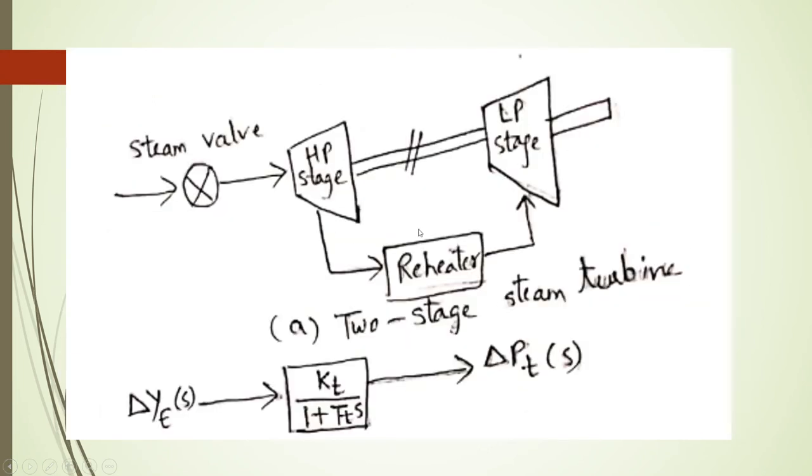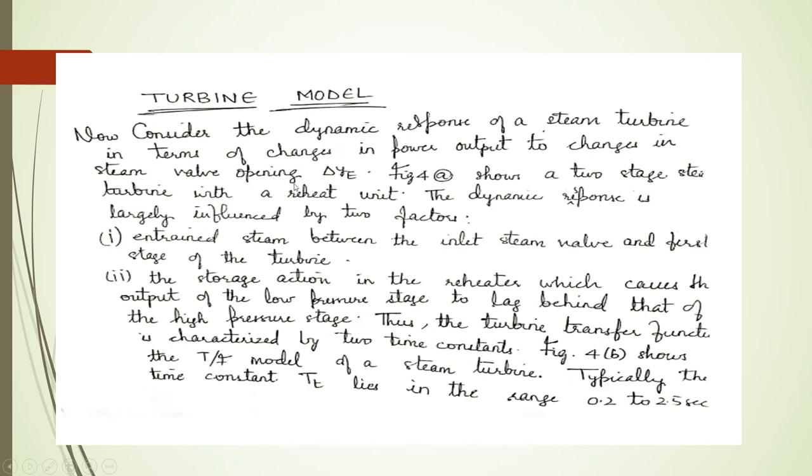So this is a 2-stage steam turbine system. The dynamic response is influenced by 2 factors: first, the entrained steam in the turbine between the inlet steam valve and the first stage of the turbine, and second, the storage action in the reheater, which will cause the output of the low pressure stage to lag behind that of the high pressure stage.